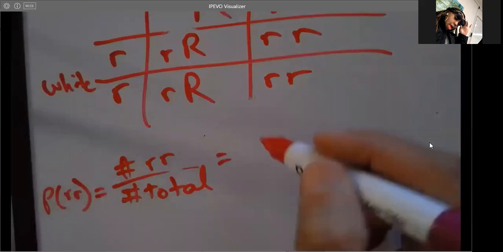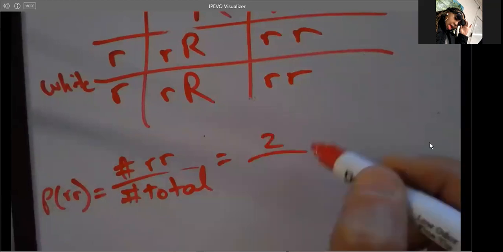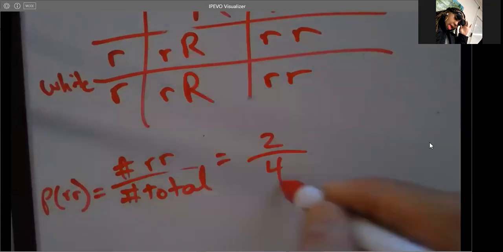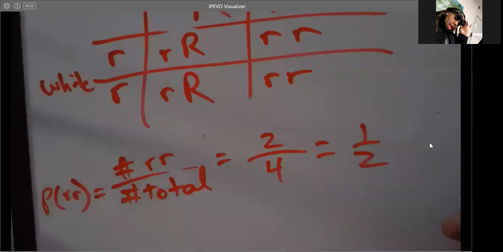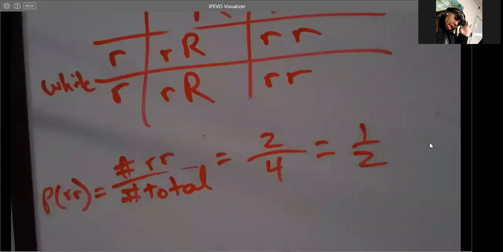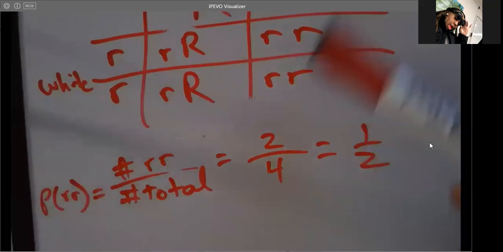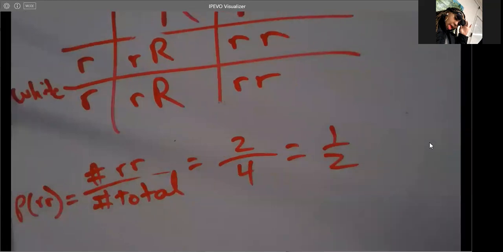We've got 2 white over a total of 4. So your probability is 1/2, so 50%, with a pink and a white. That's all there is to that.